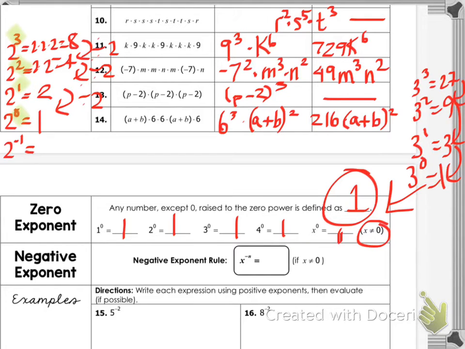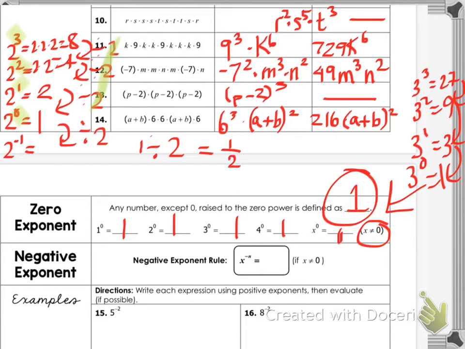Well, remember what our pattern was. Our pattern here was to divide the numbers by 2. So if our pattern was dividing by 2, then what is 1 divided by 2? That is what we end up with.